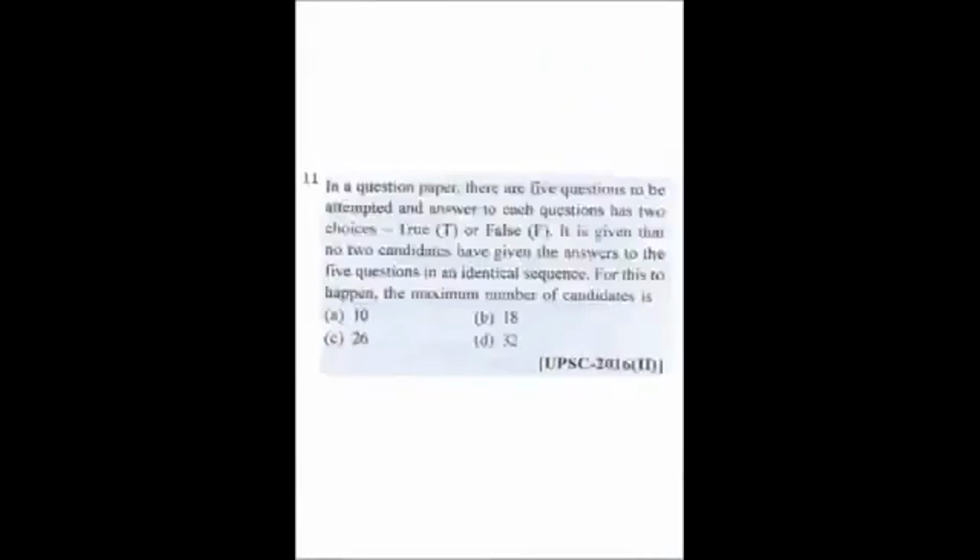In a question paper there are 5 questions to be attempted, and answer to each question has 2 choices, true or false. It is given that no 2 candidates have given the answers to the 5 questions in an identical sequence. For this to happen, the maximum number of candidates is, so here we have to make the arrangements of T and F in a manner that it is being repeated.